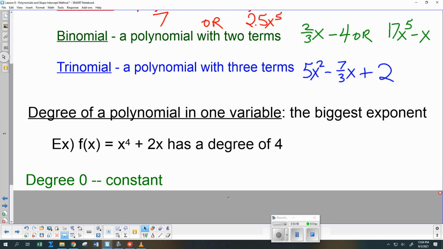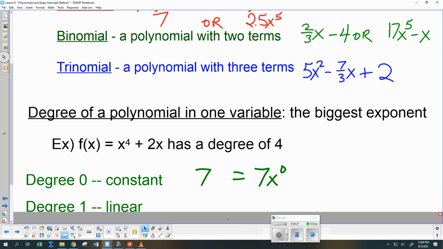That is because if we are thinking about a constant, then we are talking about something like 7. But 7 is the same thing as 7x to the 0, because we know x to the 0 is 1, and 7 times 1 is 7. So that's why the x still has a 0 for its exponent, and we call that degree 0 in that case.